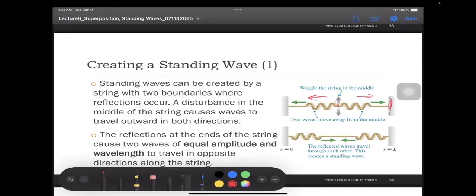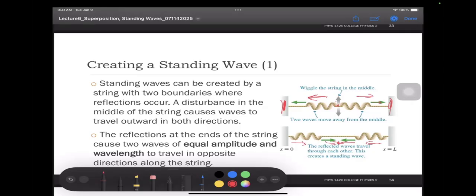Because there is a boundary, a wall, it will reflect. Since the waves have the same amplitude, frequency, and wavelength, when they meet in the middle they create a superposition and form a standing wave.